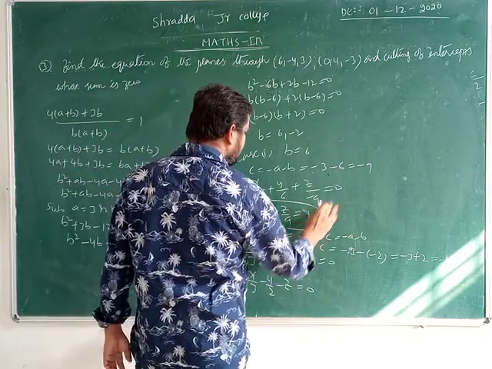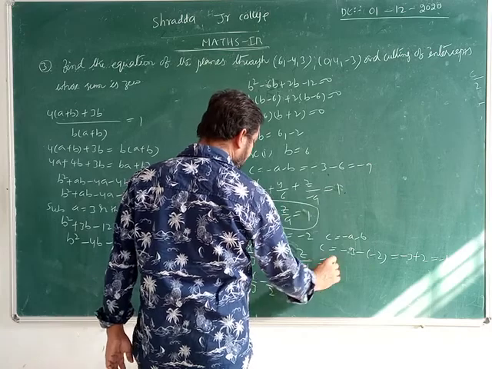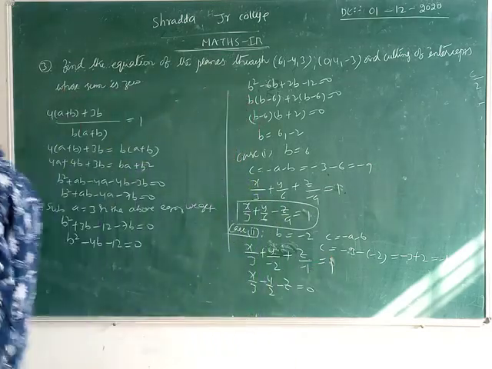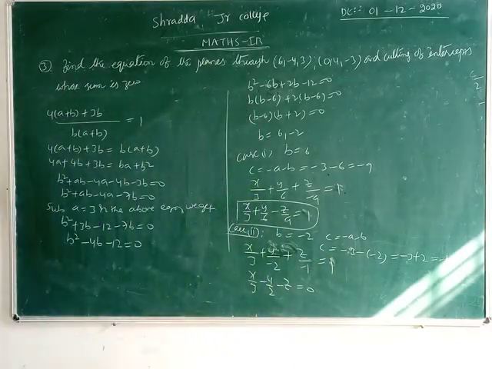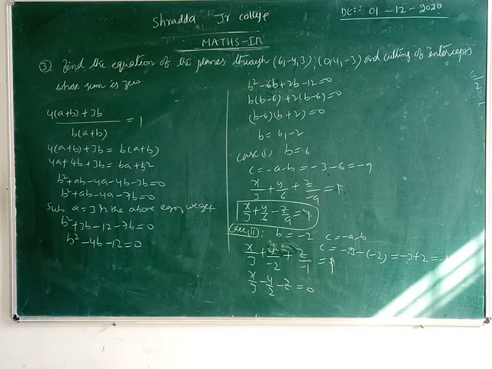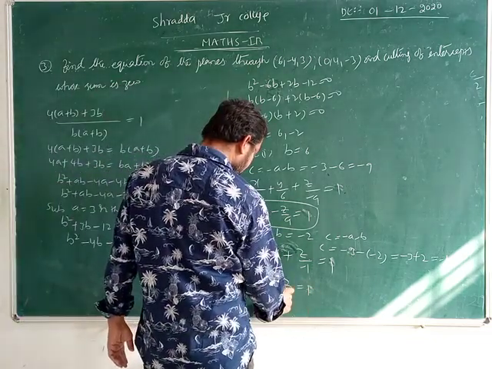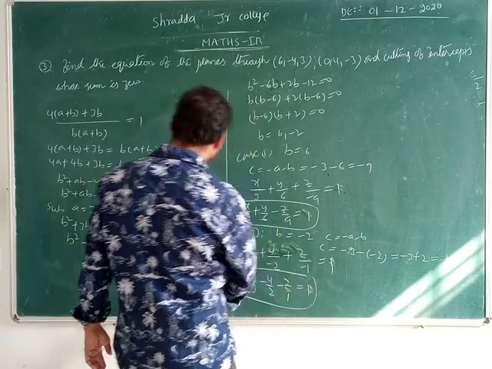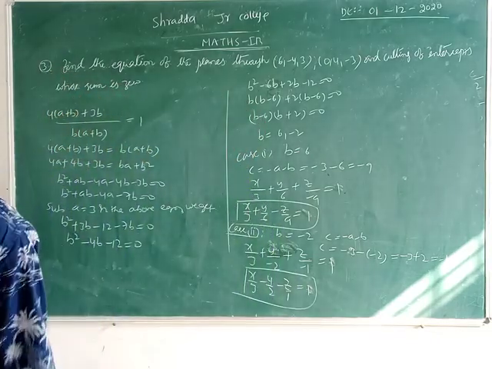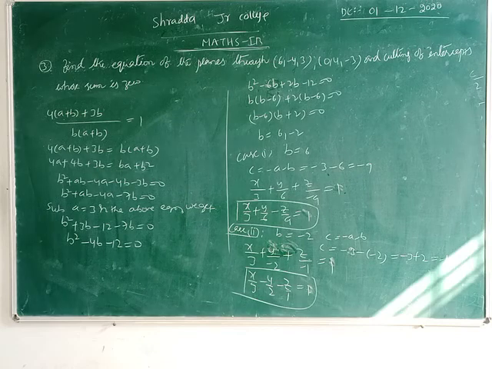This equals 1. So now x by 3 minus y by 2 minus z by 1 equals 1. Now these are our required equations of the planes.